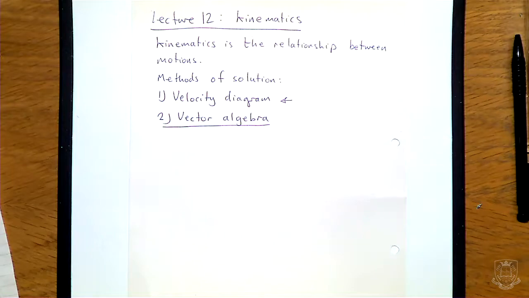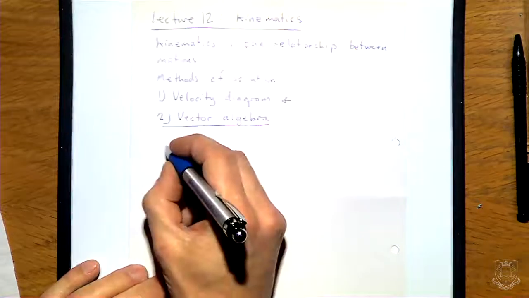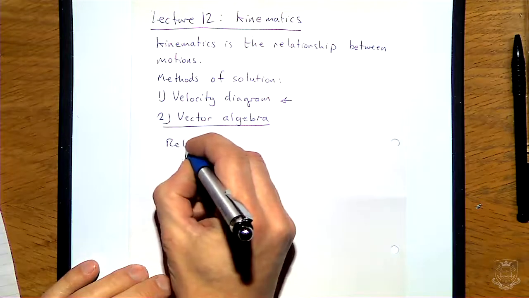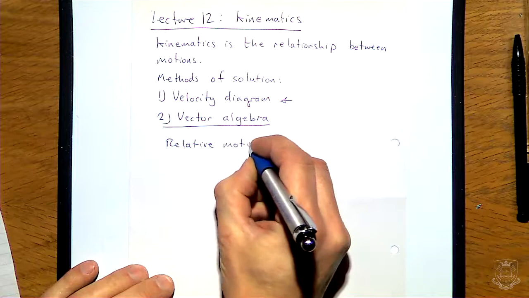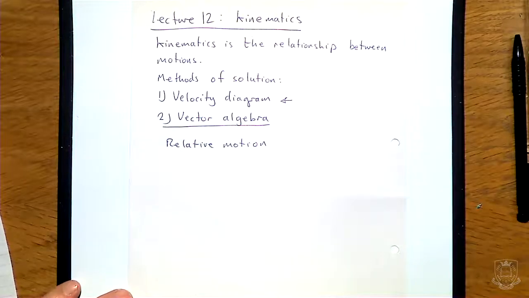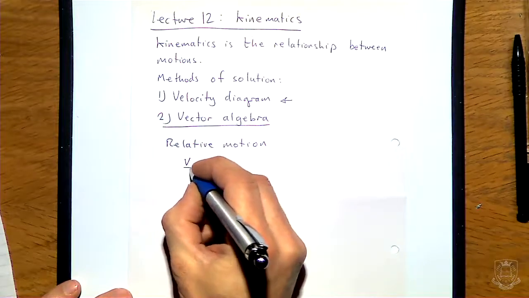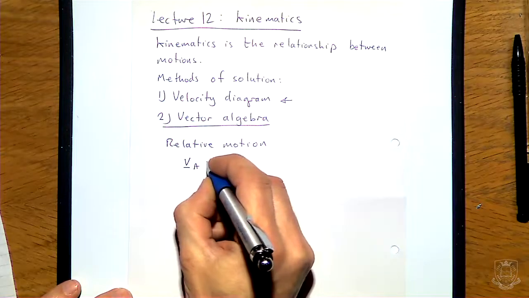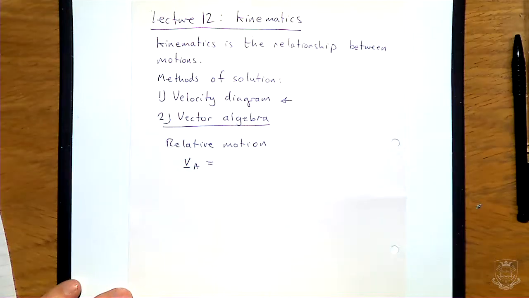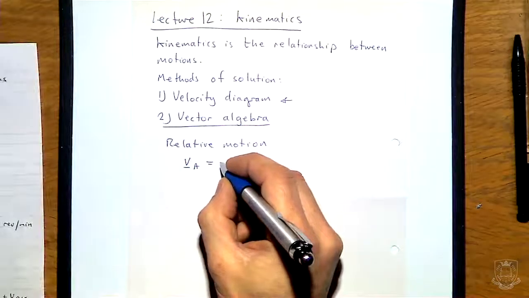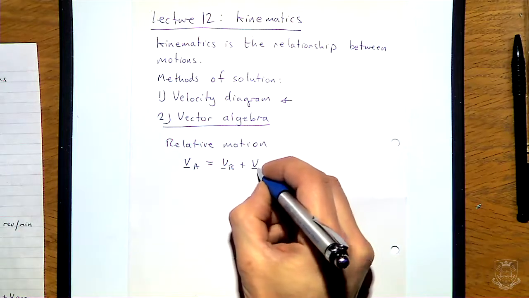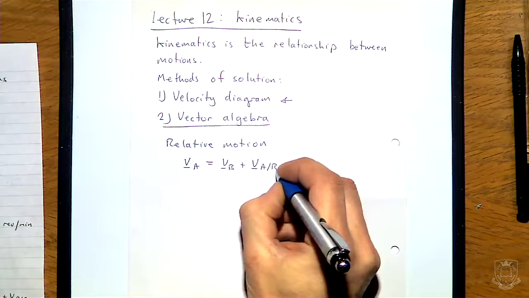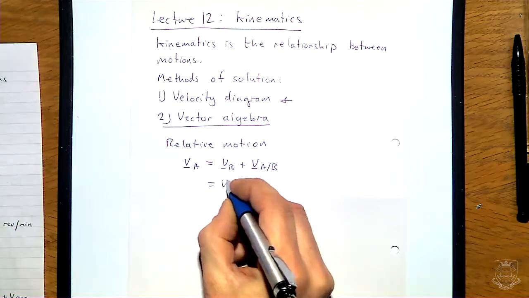Okay, so today we're going to talk about relative motion, and we're going to do a couple of examples to get ourselves familiar with the way these things work. You'll have seen these types of expressions before. We've already mentioned them in the last lecture. If we've got points A and B, we can relate the velocity at A to the velocity at B plus the velocity of A with respect to B. And in the last lecture we said that can actually be written like this.